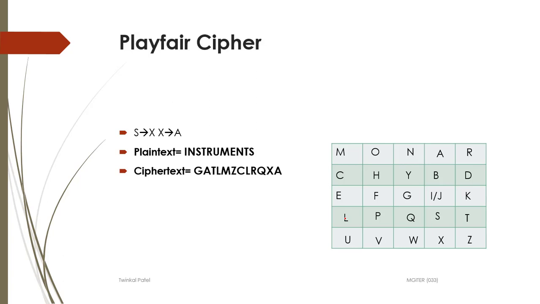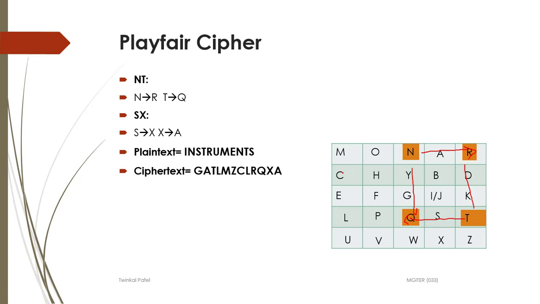Next pair is N and T. N and T are not in the same column and same row. So here see the row of the N which intersects the column of T. So N is replaced with R, and see the row of T which intersects the column of N. So it is Q. So NT is replaced with RQ.